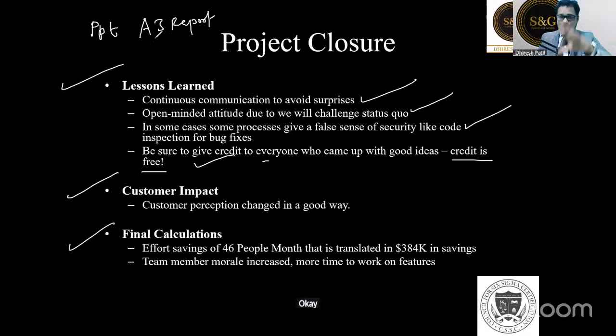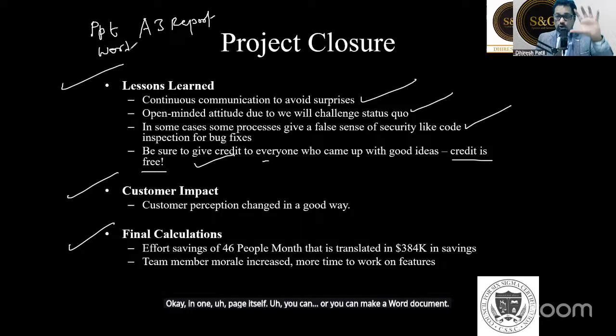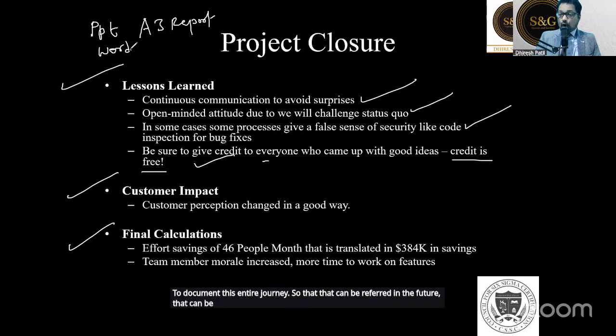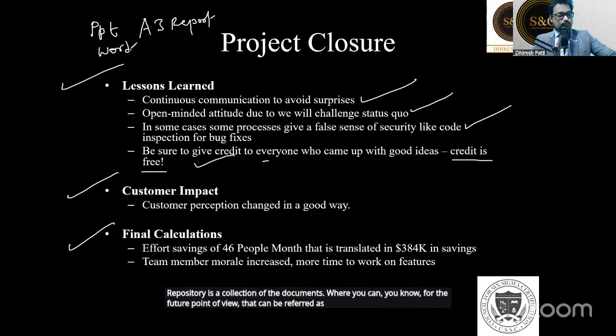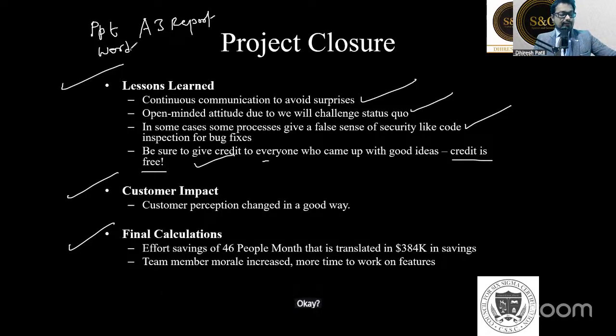In one page itself, you can make a Word document to document this entire journey so that it can be referred to in the future and kept in the repository. Repository is a collection of the documents that can be referred to from the future point of view as well.